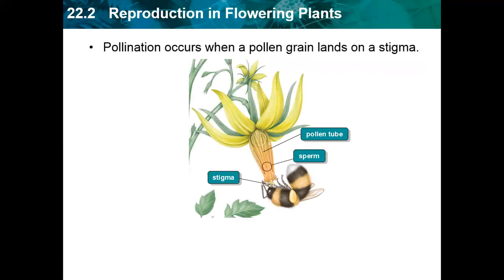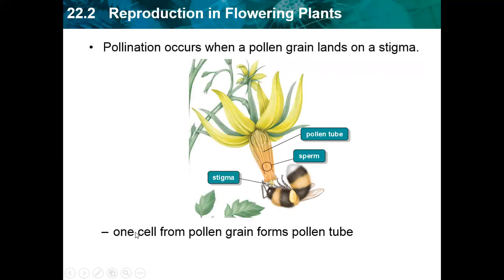Pollination occurs when the pollen grain lands on the stigma. So this is the stigma of this flower. This is the great pollinator. Now it's pollinating. When it lands on it, the sperm then moves down the pollen tube to get to the ovule and fertilize.